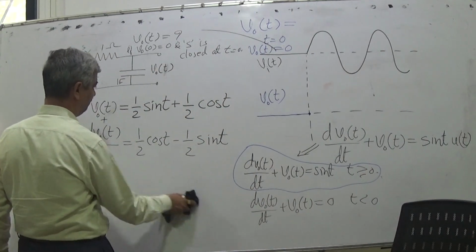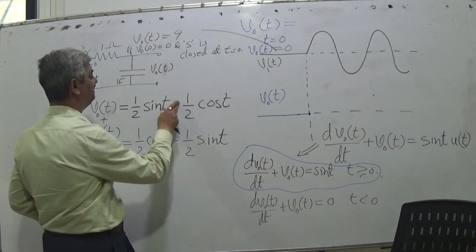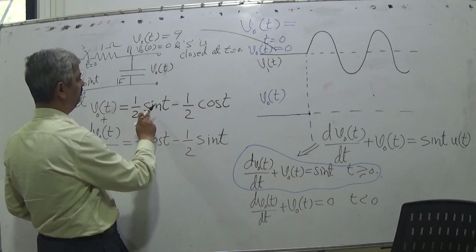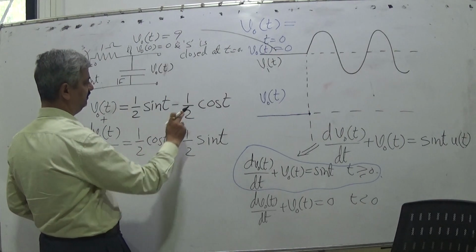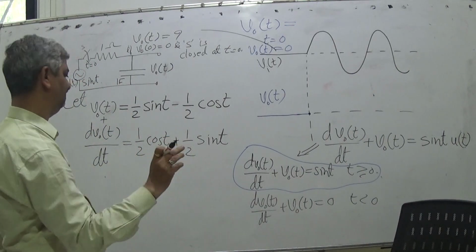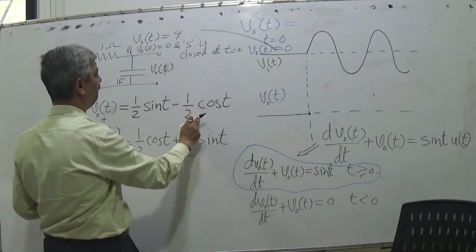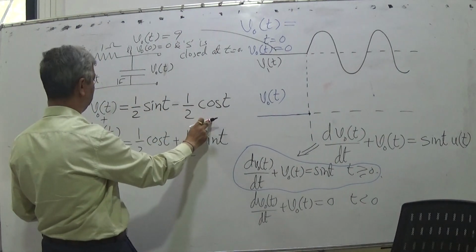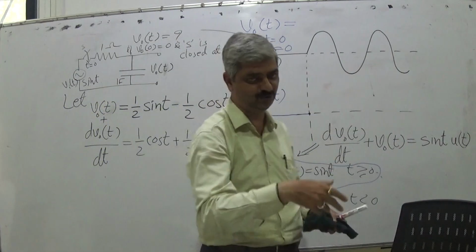If I do half sin t minus half cos t, you will get half cos t plus half sin t, right? Is it clear? Let half sin t minus half cos t be the expected output.